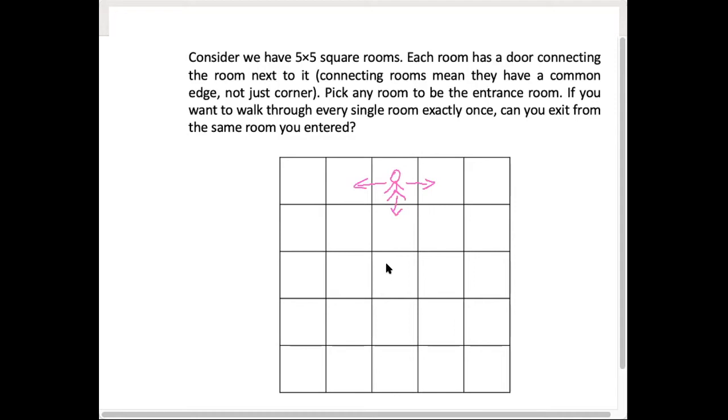Now our goal for this question is to visit every single room exactly once and return to the room that we start from, so that we can enter and exit from the same room. And the question is, can we reach this goal?